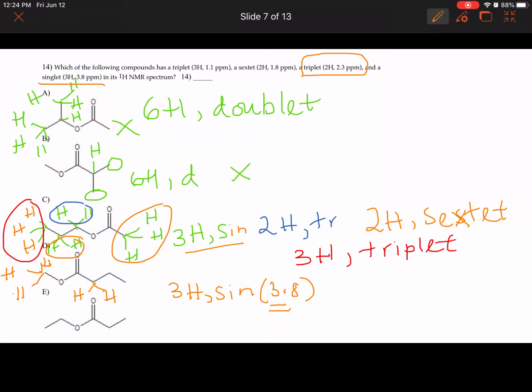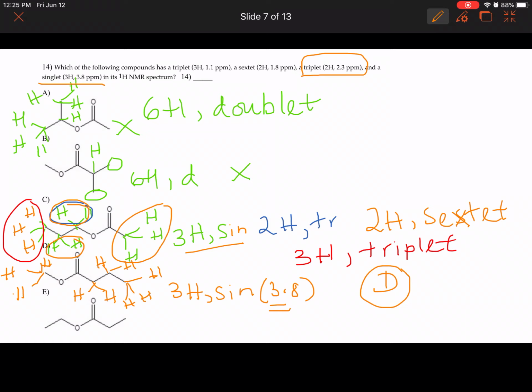Now in the previous one, this 2 hydrogen triplet should appear more downfield if it is structure C. So you have the 3 hydrogen singlet at 3.8, and then you also have these 2 hydrogens as a sextet, and then these 3 hydrogens as a triplet. So the correct answer is D, because it matches with the splitting pattern as well as the chemical shift data.